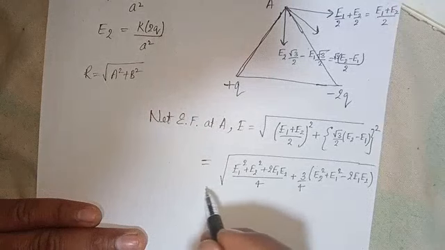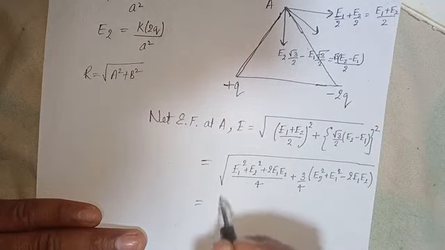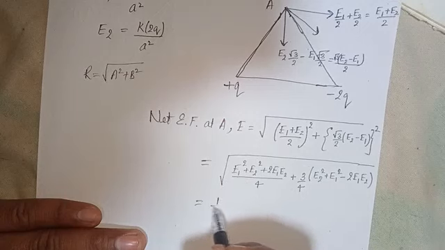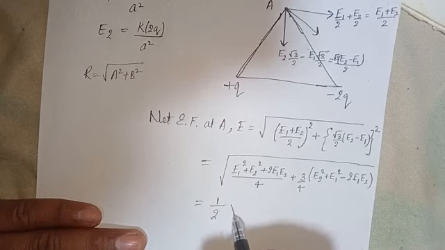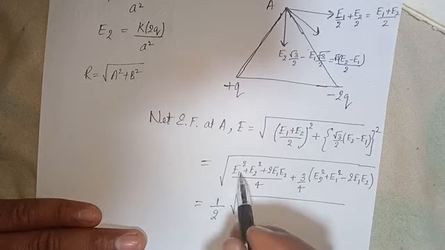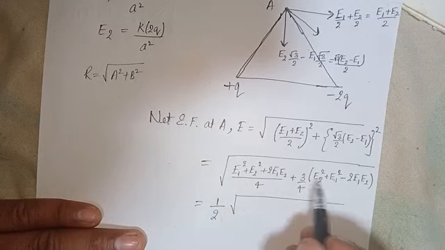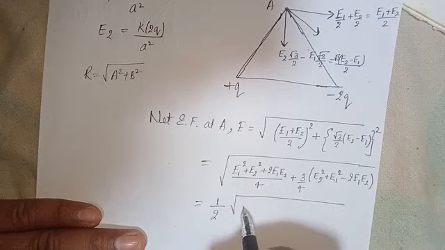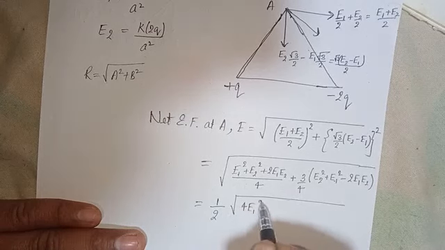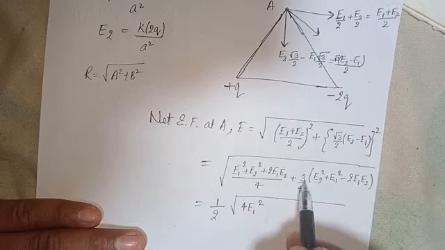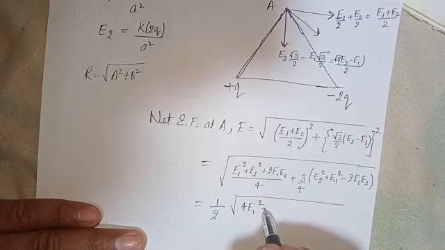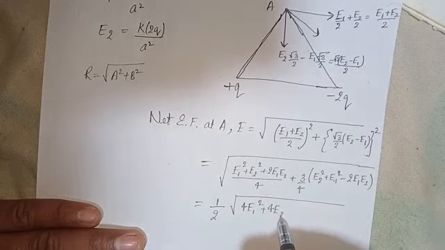So we will take 4 common, then it will become 1 upon 2 outside. So it will become 1 upon 2 into root of 3 E1 square plus 1 E1 square, that is 4 E1 square. Now 3 E2 square plus E2 square, that is 4 E2 square.